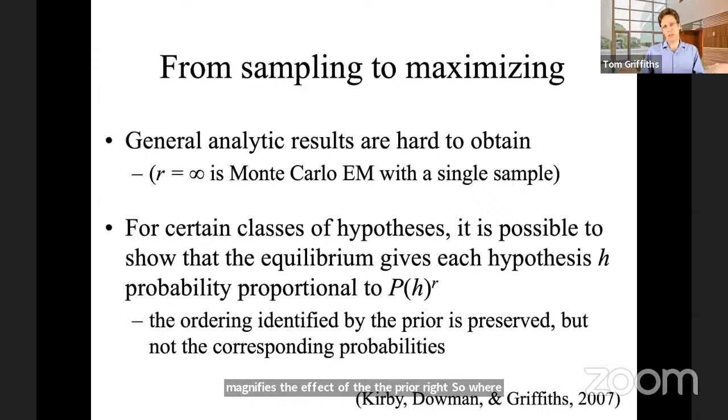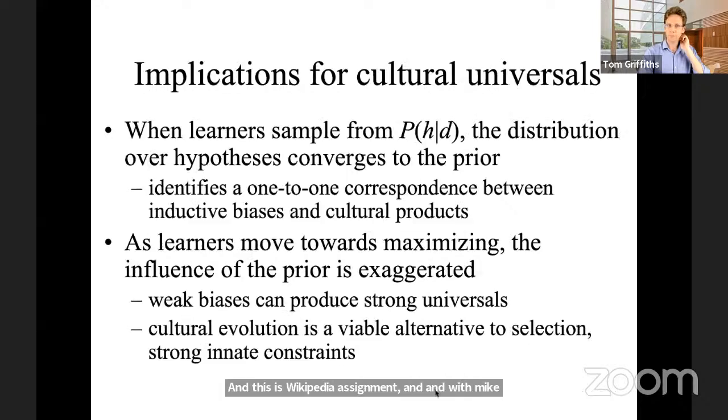This gives you a way of understanding how a learner with a relatively weak inductive bias can translate that into a strong constraint on the kinds of languages that emerge through processes of cultural transmission. This is work we did with Simon and with Mike Dowman, who was at Edinburgh at the time.